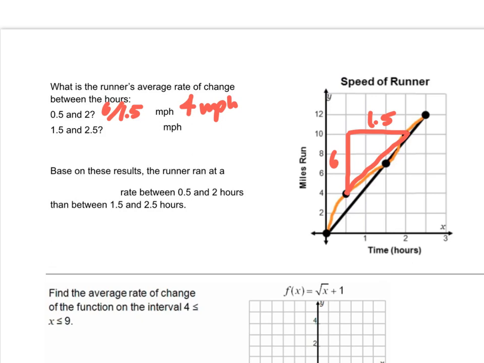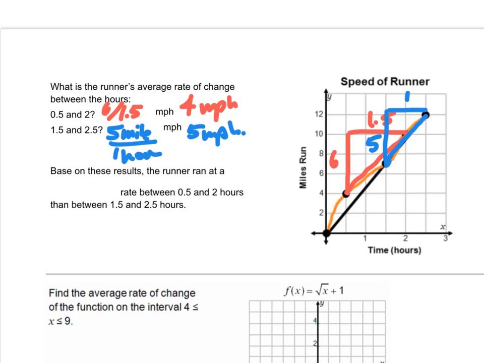All right, what about between 1.5 and 2.5? What if we calculate that average rate of change? Okay, that average rate of change is from 7 to 12, so 5 over a 1 hour period means that they were traveling 5 miles in 1 hour. So they were going 5 miles per hour. So the runner can change speeds, okay?